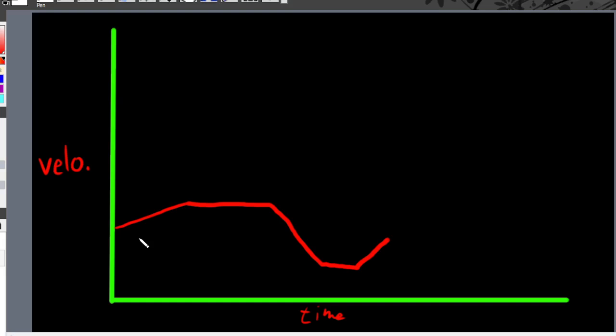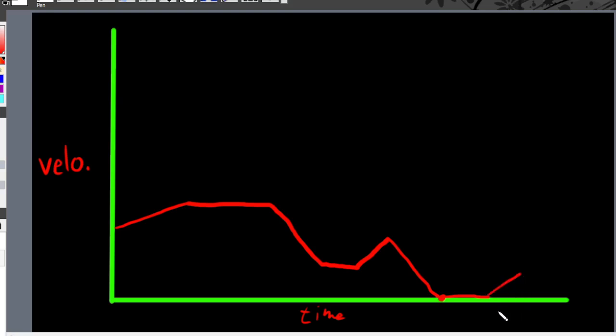This is tricky. No, it's not. What would have to be true for it to be at rest? It would actually have to contact the x-axis because the velocity would have to be zero. And so at this point, then it's at rest.